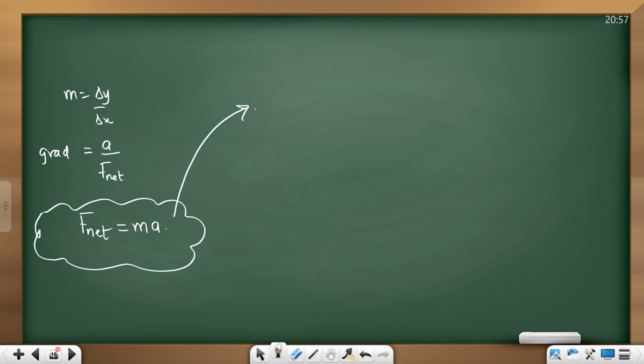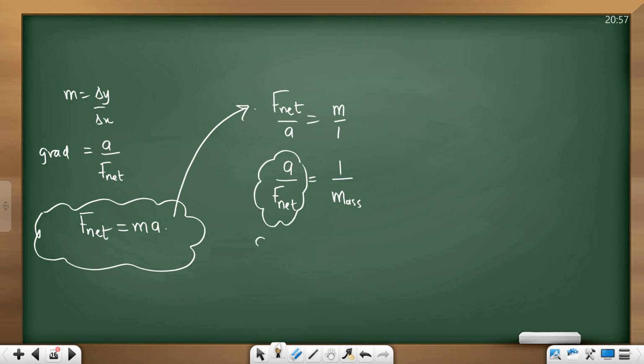Let's divide both sides by A. F net over A equals M over 1. But I'm not looking for F net over A. If I flip it over, A over F net equals 1 over M. Do you notice that this is my gradient? So my gradient is equal to 1 over the mass.